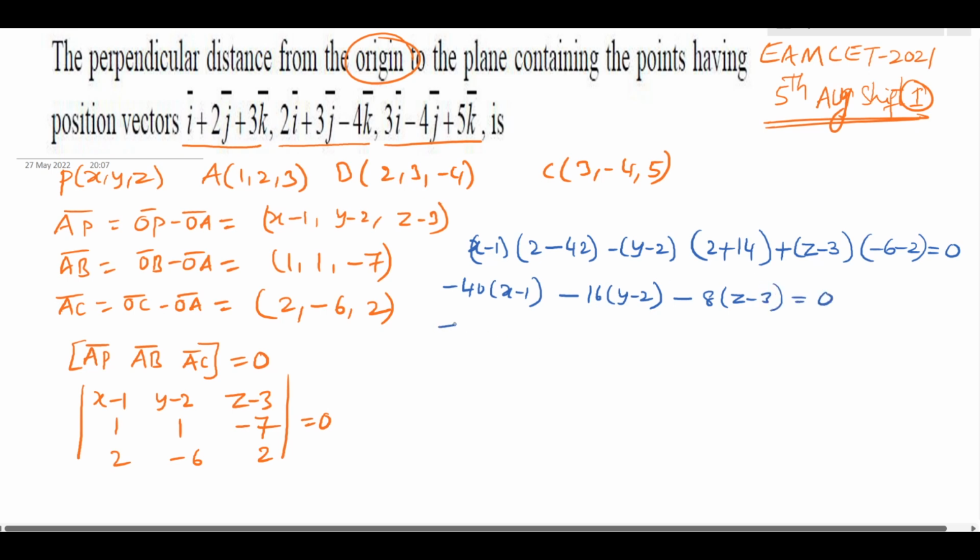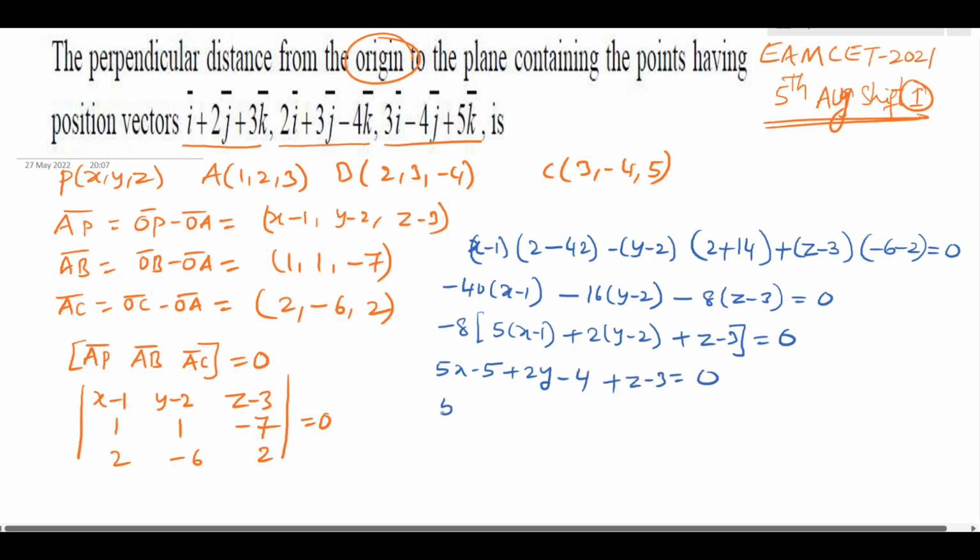Take minus 8 common. This is 5 of x minus 1 plus 2 of y minus 2 plus z minus 3 is equal to 0. From this, 5x minus 5 plus 2y minus 4 plus z minus 3 is equal to 0. So this is 5x plus 2y plus z minus 5 minus 4 minus 3, minus 12, is equal to 0.